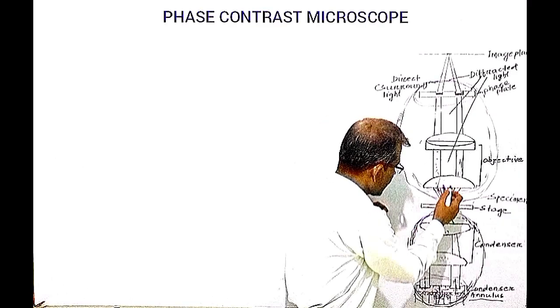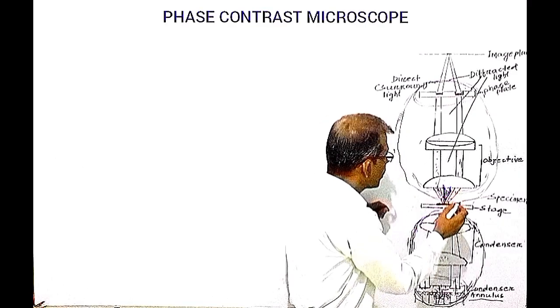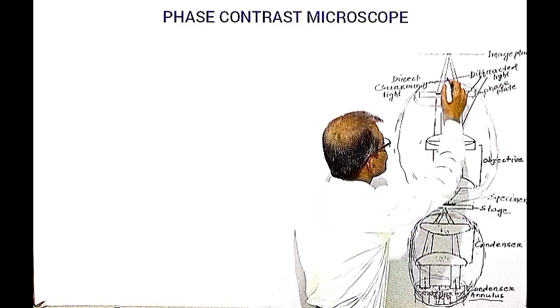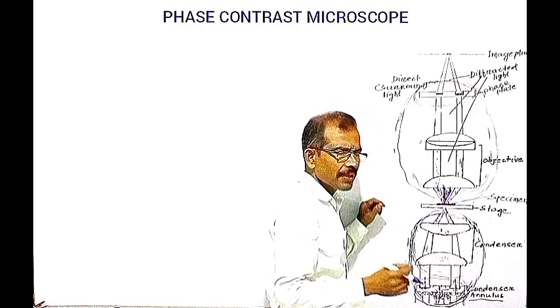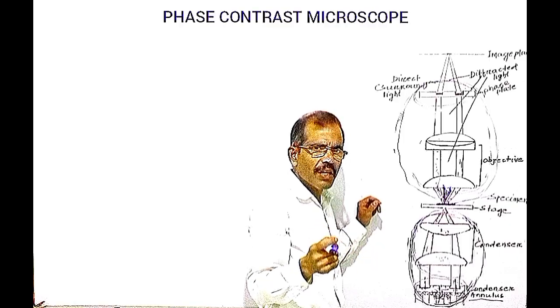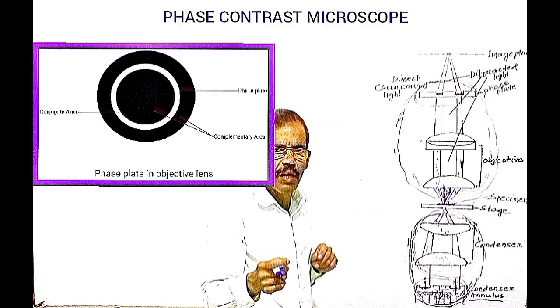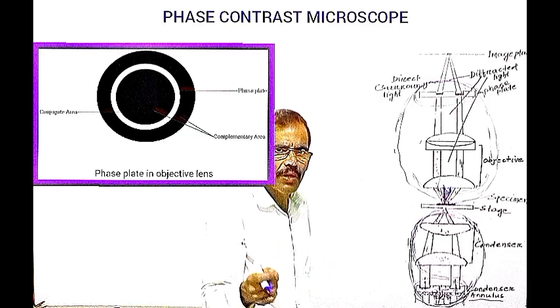The diffracted light and the surrounding light then pass through the objective and then through the phase plate. The phase plate is a specialized structure which produces phase contrast, either positive or negative.